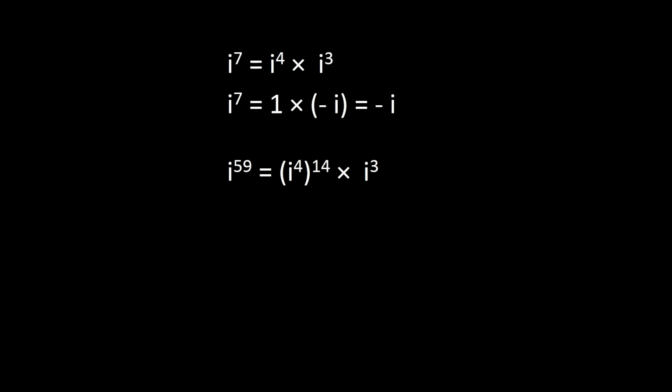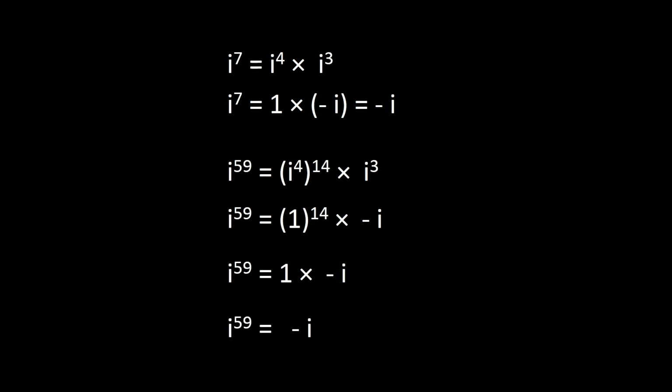I made it 4 times 14 so that I will still get i raised to power 4 back. i raised to power 4 is the same thing as 1, and 1 raised to power 14 is 1. i raised to power 3 is minus i. So i raised to power 59 is equal to 1 times minus i. So i raised to power 59 is still equal to minus i.